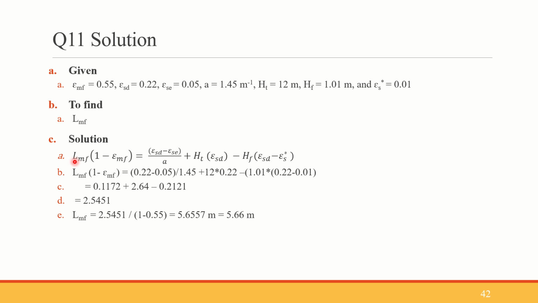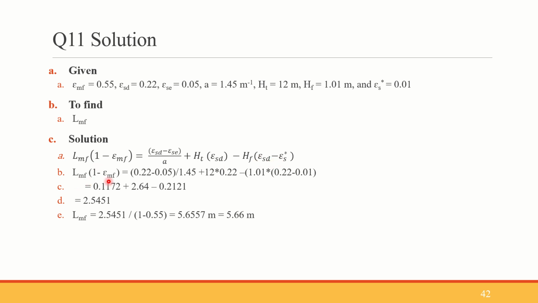Solution: LMF into 1 minus epsilon MF is equal to (epsilon SD minus epsilon SE) divided by A, plus HT into epsilon SD, minus HF into (epsilon SD minus epsilon S star).